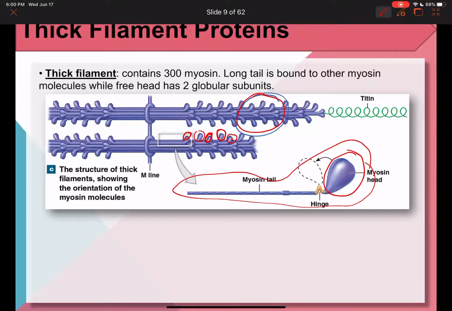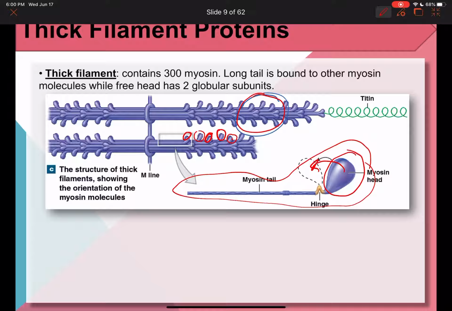The myosin head, normally in a resting muscle fiber, is not bound, and they are free to move. So it swings in one direction this way. Once it's bound, it can swing in that direction and then goes right back to its original position.